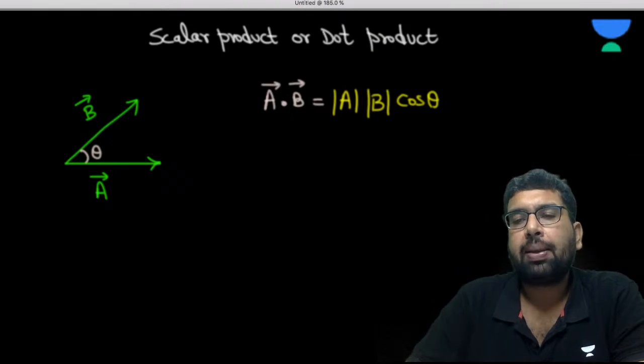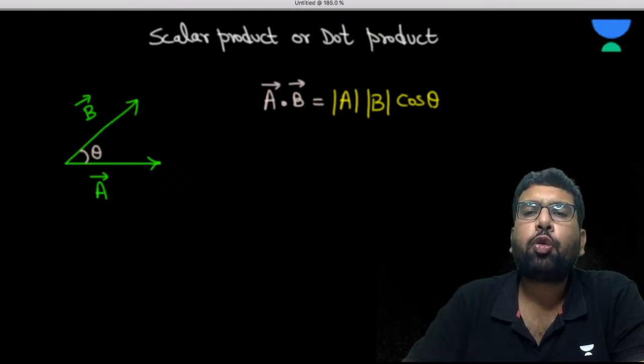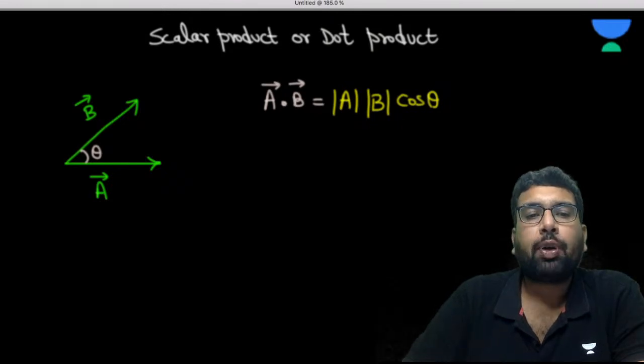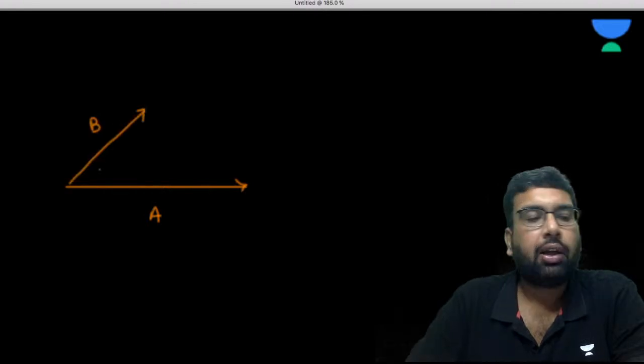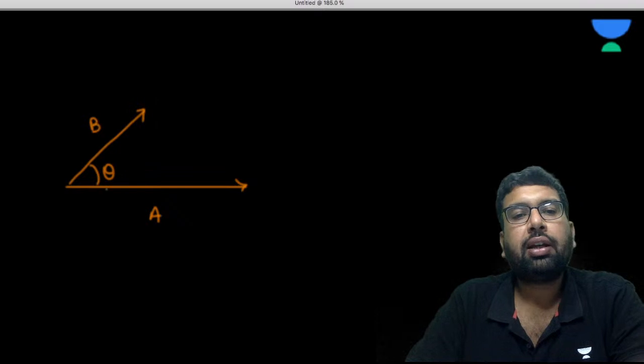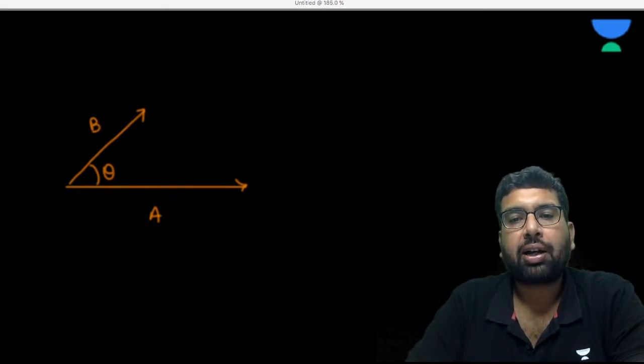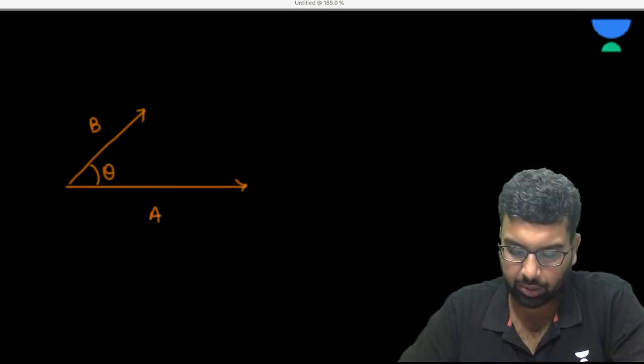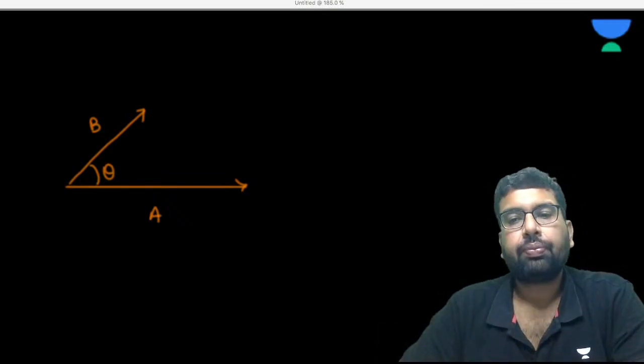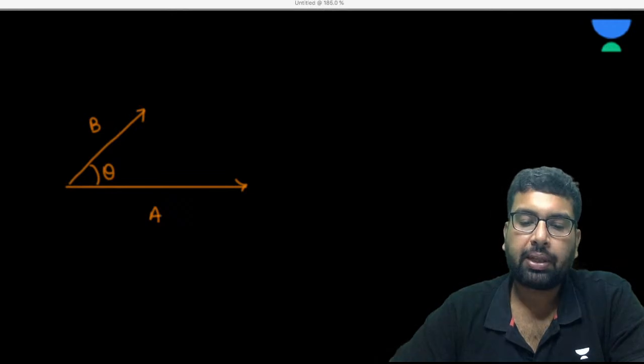First of all, if I write B cos theta, so A. Now please observe. This is your A vector, and this is, let's suppose, your B vector. Do you understand that the length of a vector is the magnitude of that vector? Do you agree?